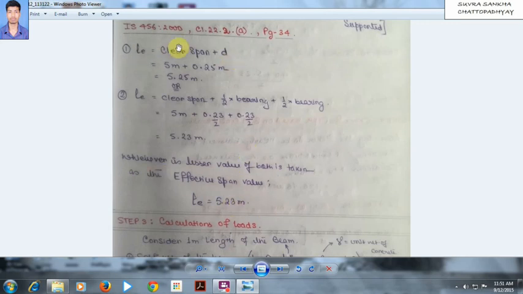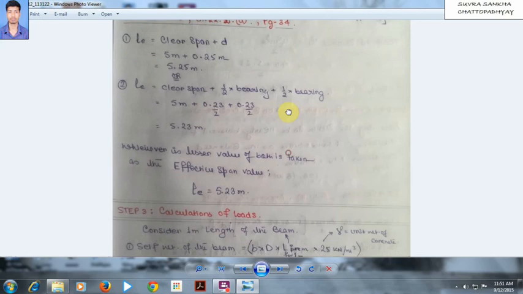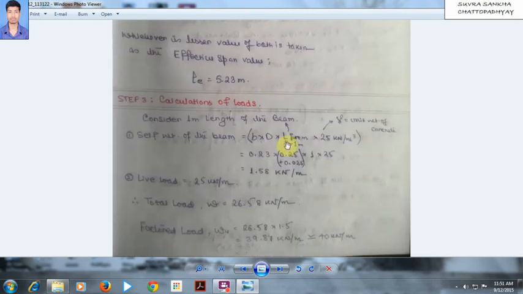The first is clear span plus effective depth, which gives 5.25 meter, and the other is clear span plus half of bearing on each side, which gives 5.23 meter. Whichever is less is taken as Le, the effective span, that is 5.23 meter.